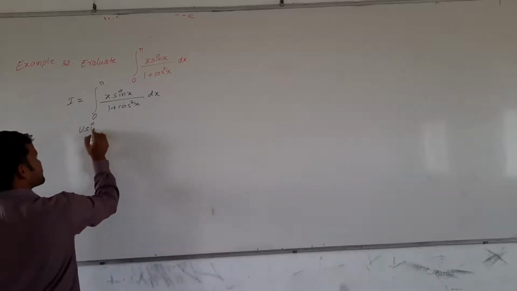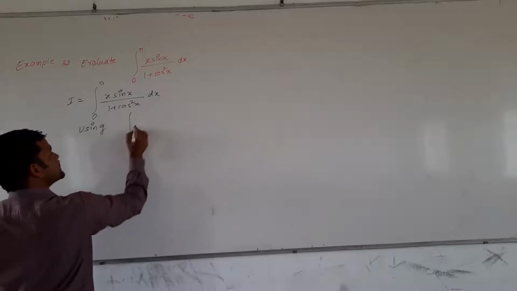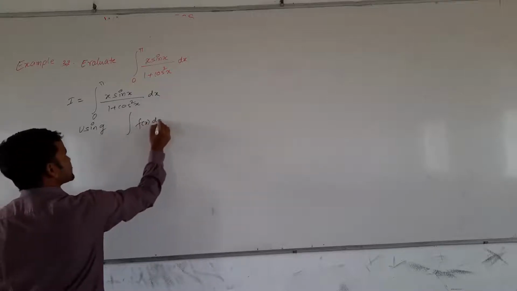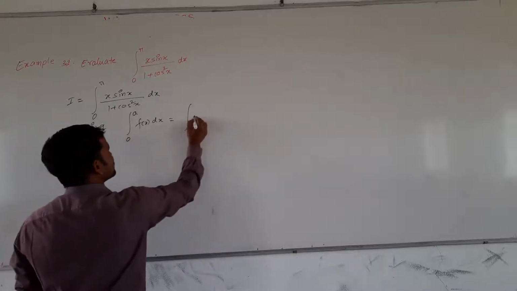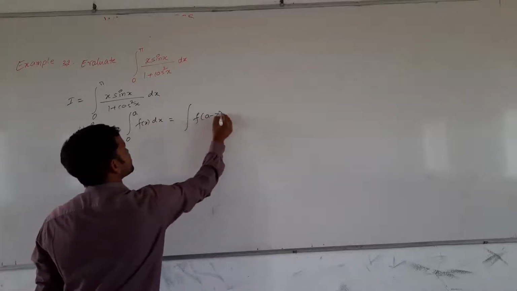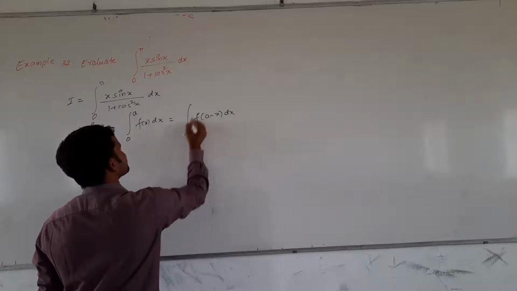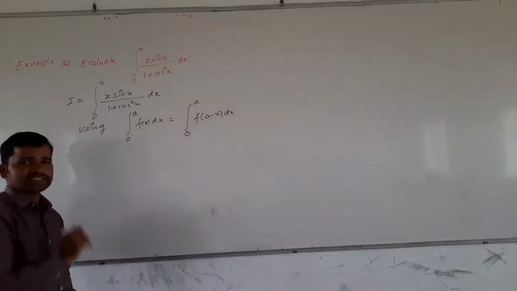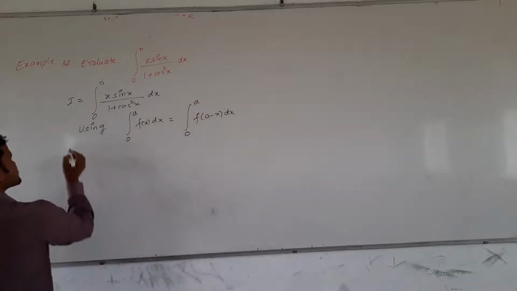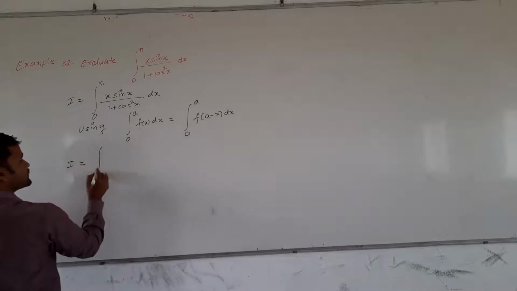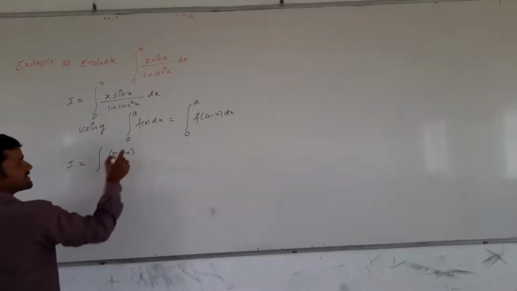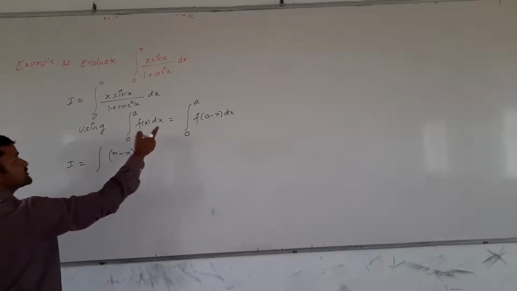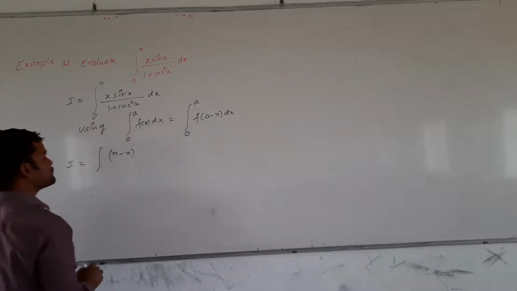We have studied the property P4, that is integration of f of x with respect to x from 0 to a is equal to integration of f of a minus x into dx from 0 to a. Using this, I can write the integral I is equal to, x becomes pi minus x here. Here x becomes a minus x, in place of a pi is there.